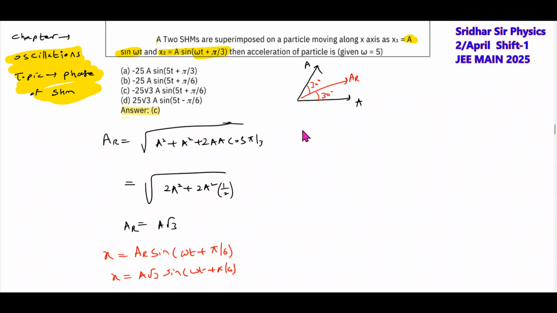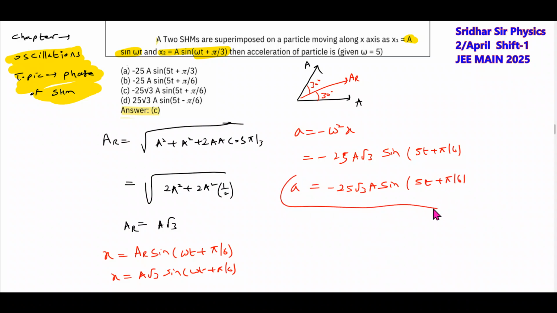We'll differentiate this. So I think we know for SHM the acceleration will be minus omega square times the displacement. It is asking to get the acceleration of the particle. Minus omega square will be 25, so minus 25 a root 3 sine of omega t plus pi by 6 is the expression for acceleration.